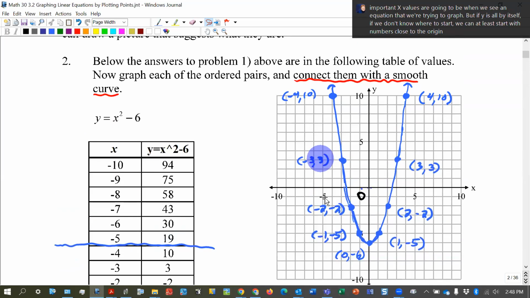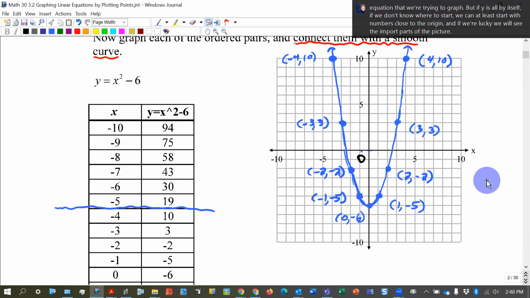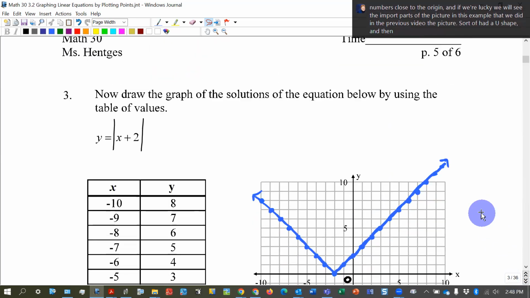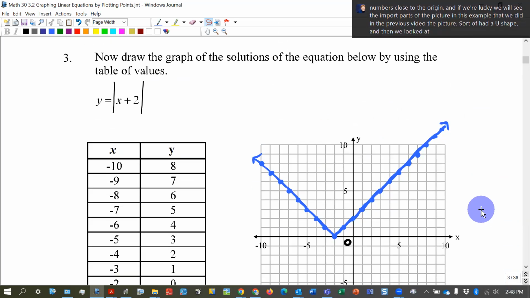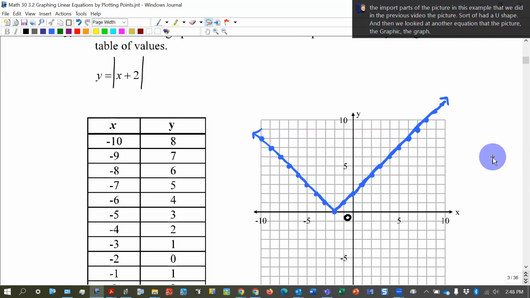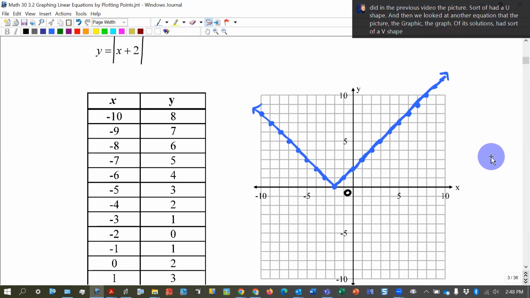And if we're lucky, we will see the important parts of the picture. In the example that we did in the previous video, the picture sort of had a U shape. And then we looked at another equation whose graph of solutions had sort of a V shape or a check mark shape.